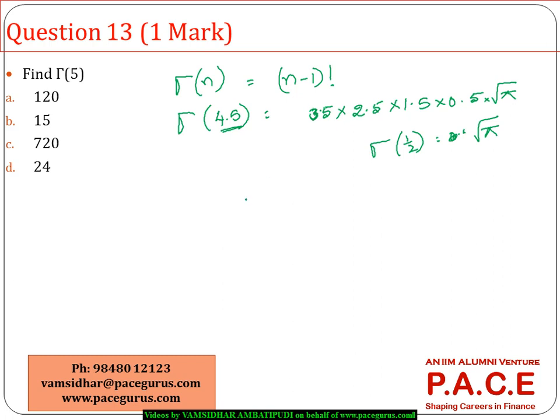So gamma of n is as good as writing n minus 1 times gamma of n minus 1.